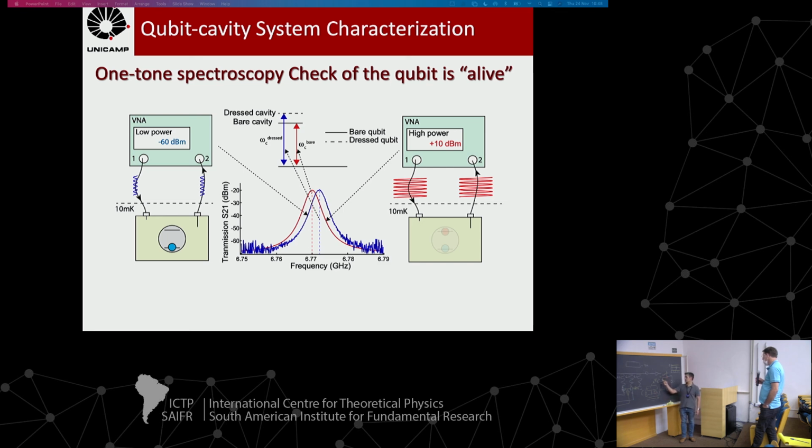So if I want 5 gigahertz, I need to modify the capacitor and the junction to create 5 gigahertz. If I want 6 gigahertz, I modify both to do that. If I want 10, I need to modify again. So the critical current and the capacitance are the terms I need to adjust to do that.